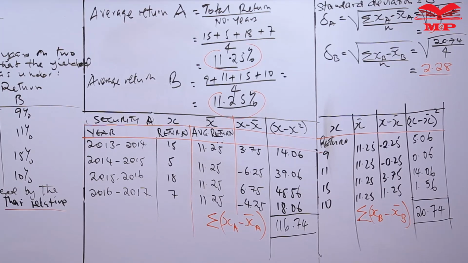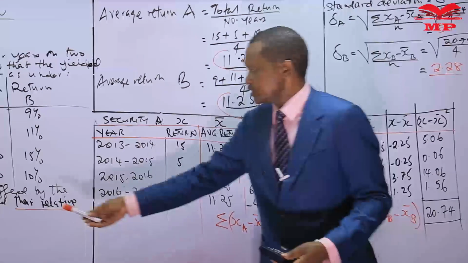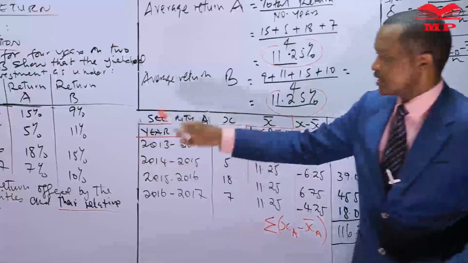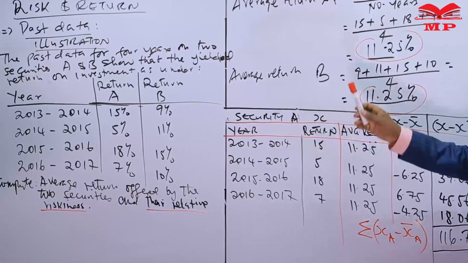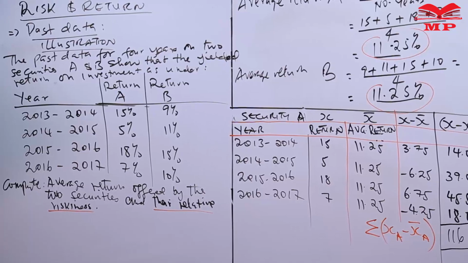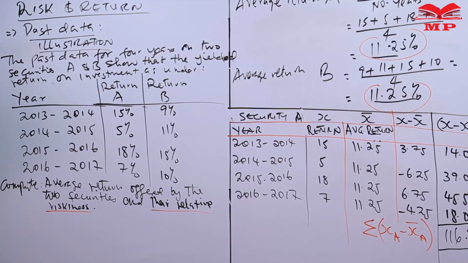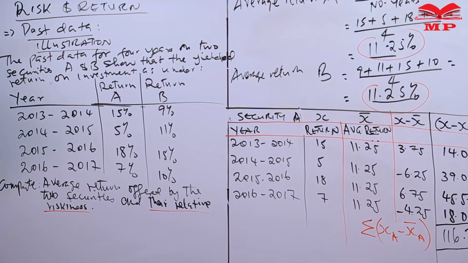The question was, as you can see from the board here, compute the average return offered by the two securities and their relative riskiness.